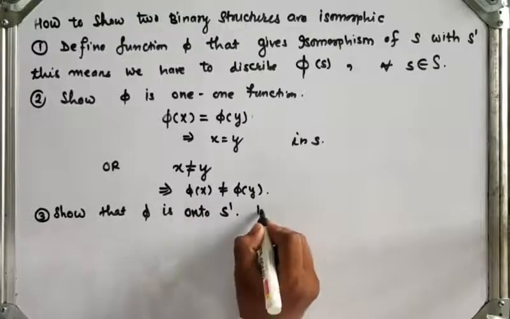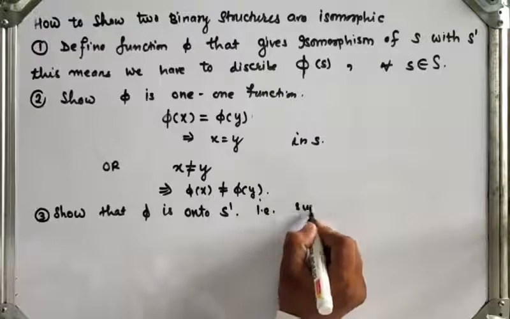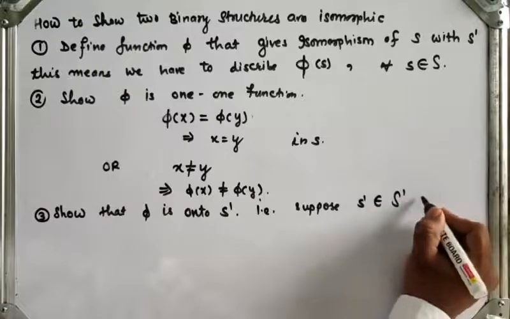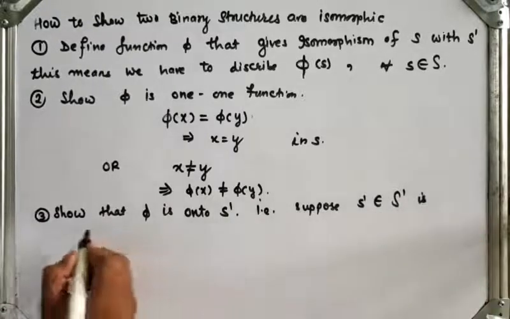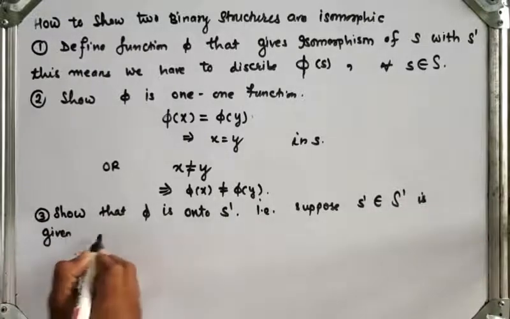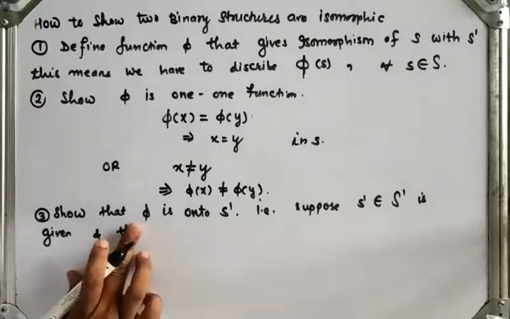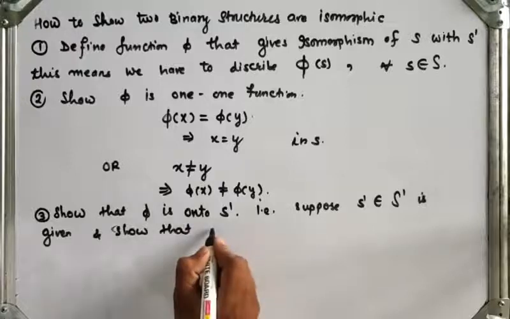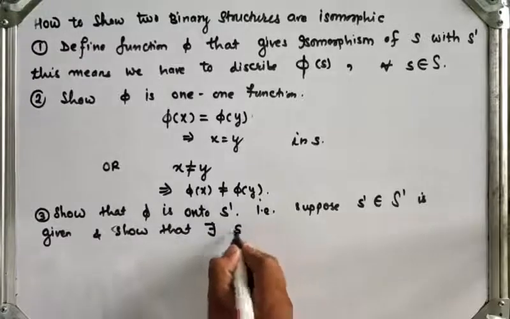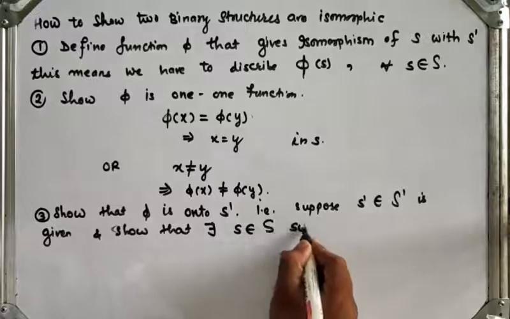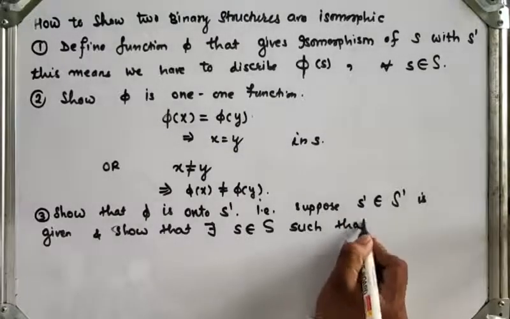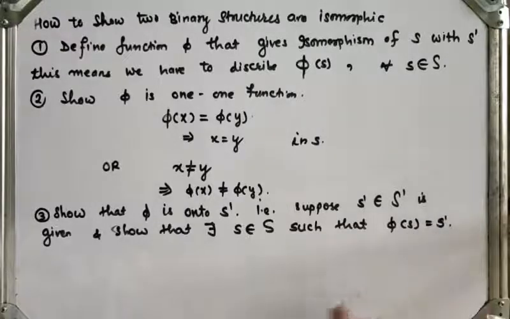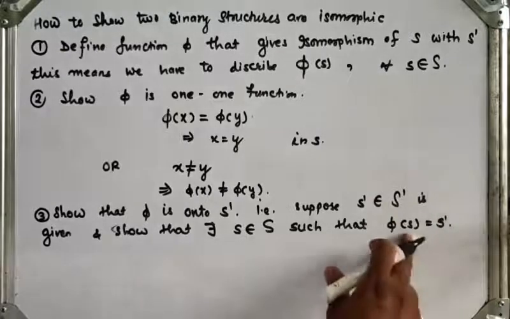That is, suppose s dash belonging to set S dash is given, and show that there exists s belonging to set S such that phi of s is equal to s dash, and solve this for s.